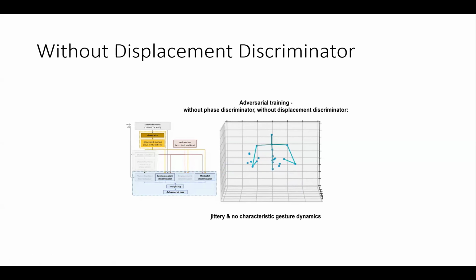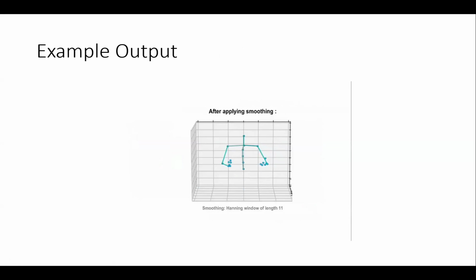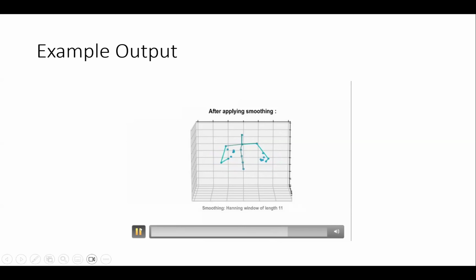Without displacement, then you get this really jittery motion. But if you put the whole set together, you get something that is sort of vaguely gestural, I would say.